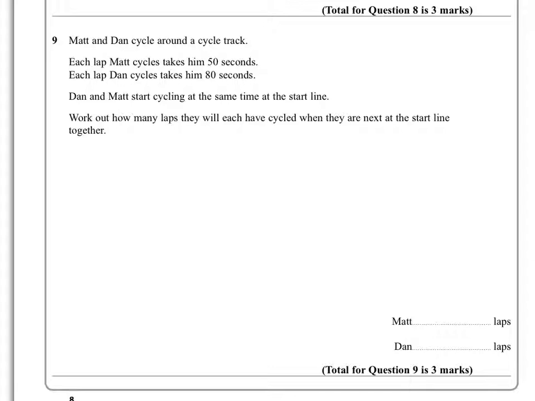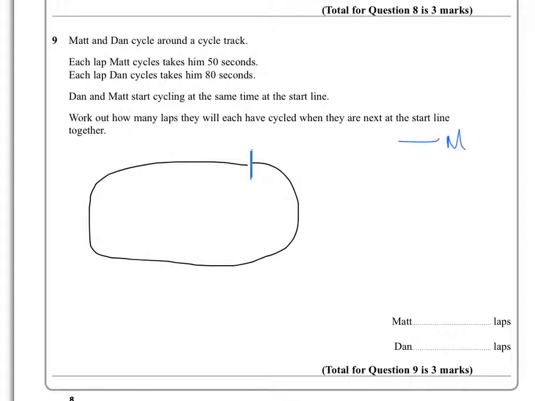So the way that we work this out is, if you imagine a racetrack or cycling track looking like this, let's imagine they start here. Now what we'll do is let's say the blue one is Matt.